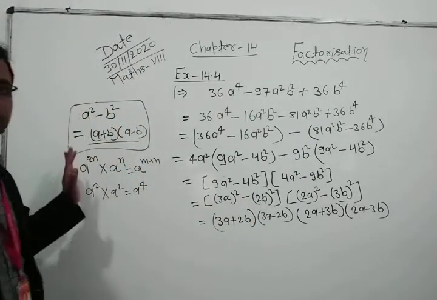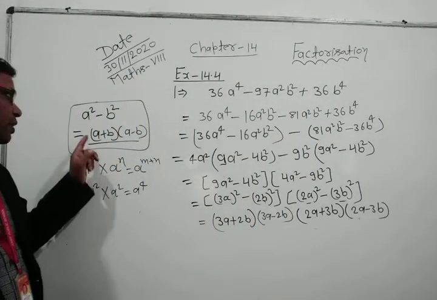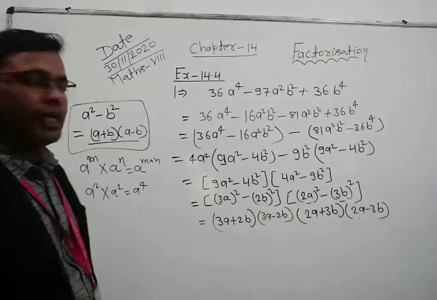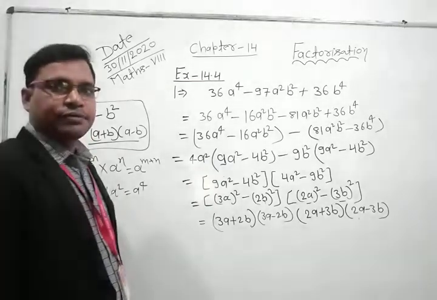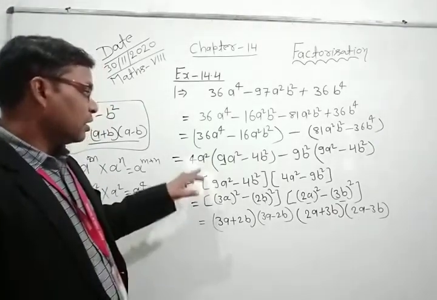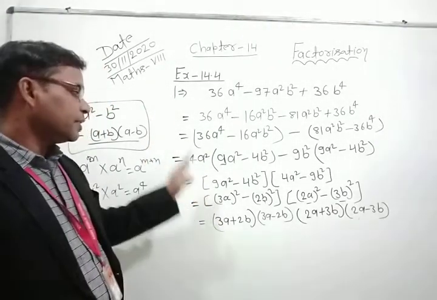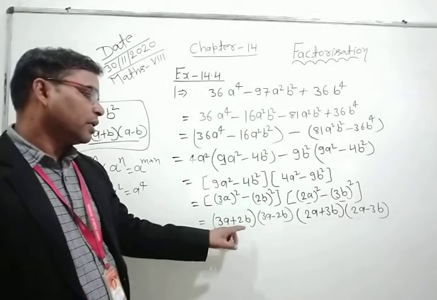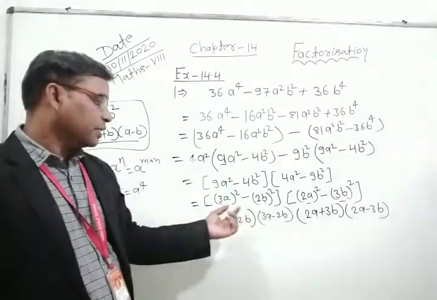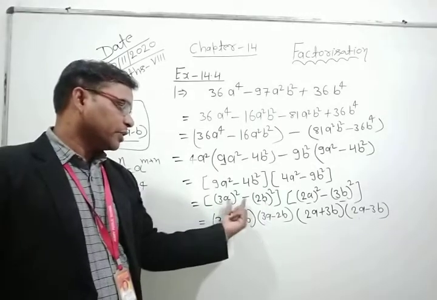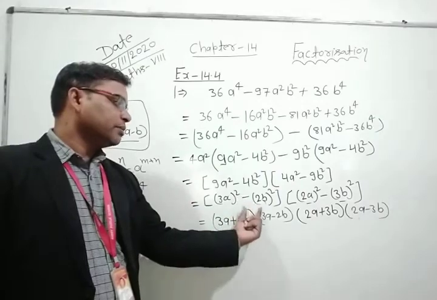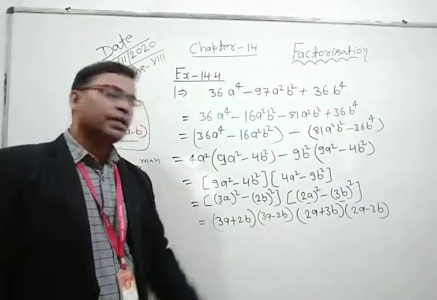Here you use the third identity, a square minus b square is equal to a plus b into a minus b. This is clear now. So we use the third identity in these terms. So you obtain here 3a plus 2b, 3a minus 2b, because this is a square, this is b square. First the sum of them, 3a plus 2b, and second the difference of them, 3a minus 2b.